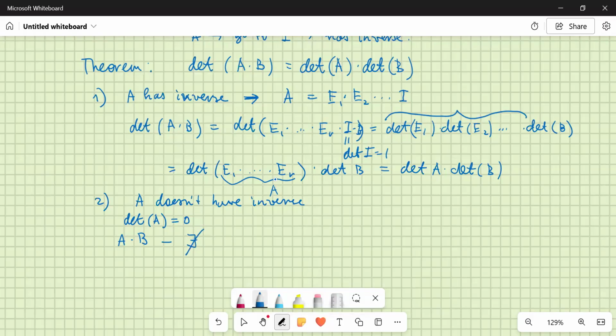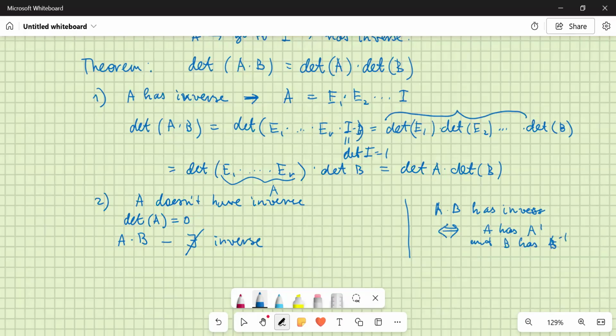I'm going to write existence of inverse, okay? Why does it happen? Remember we had a theorem that if the product AB has an inverse, then A has an inverse and B has an inverse.